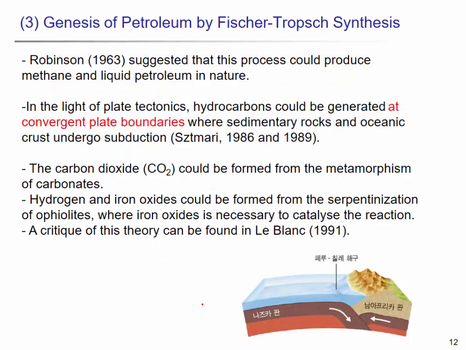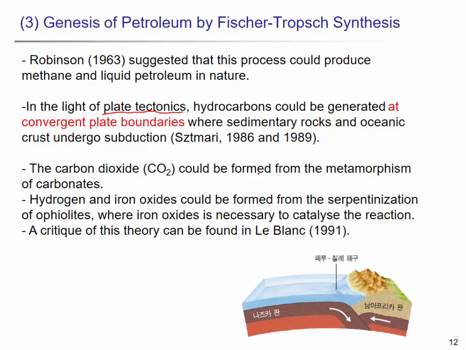So this Fischer-Tropsch synthesis can happen in nature, in light of plate tectonics. If you think about very hot regions, it could be at the plate boundaries, because the tectonic activity is very active there. So hydrocarbon could be generated at convergent plate boundaries, where the sedimentary rock and the oceanic crust undergo subduction.